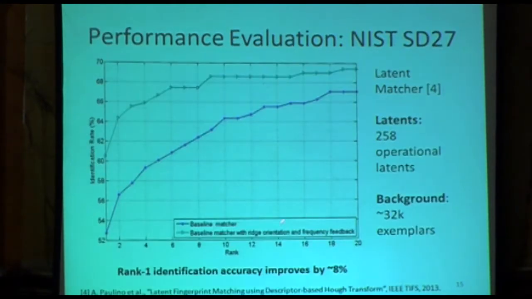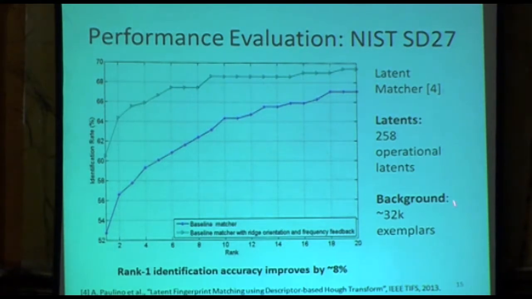So this was the overall approach. Now, of course, the question is, how well does it work? Let's first look at the NIST-27 database, which is the only publicly available database for latents. There are 258 operational latents. I wrapped the paradigm around a recent latent matcher which was recently published in TIFS.